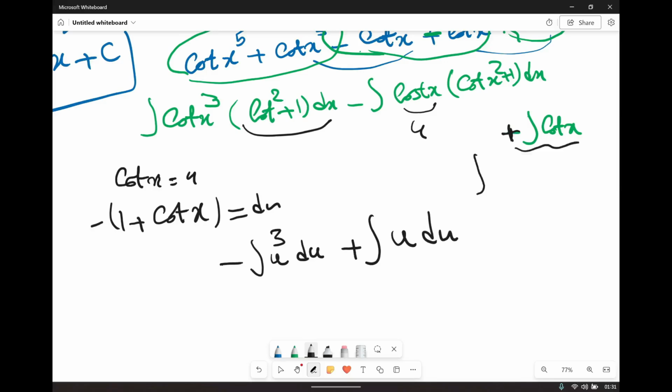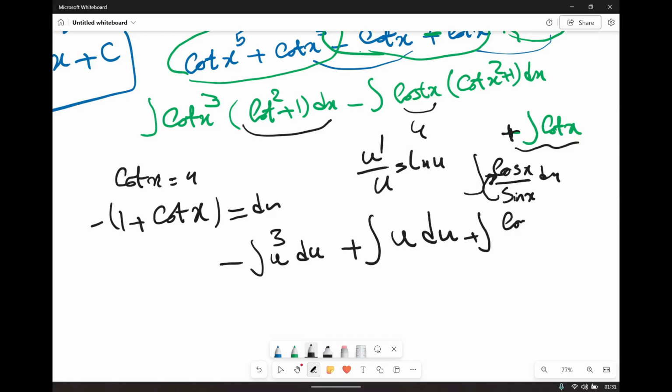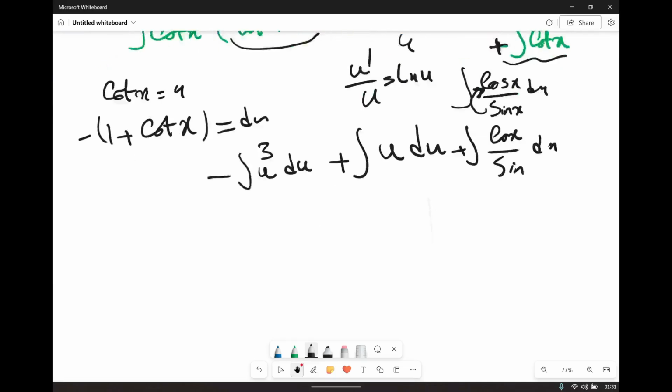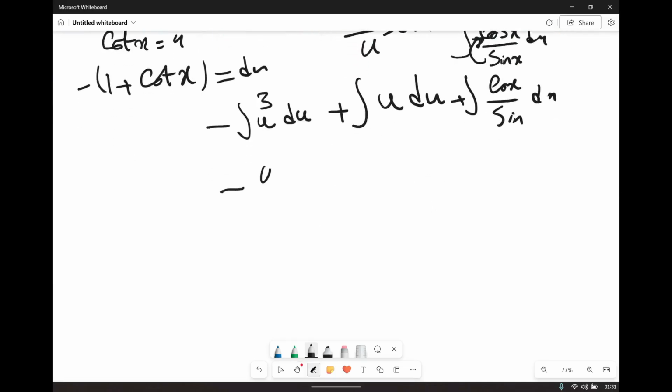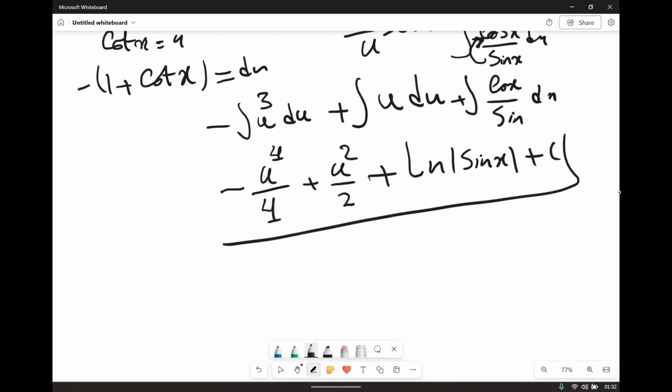We know that cotangent is cosine x divided by sine x dx, and the derivative is in the top, so u prime over u gives ln u, which is the integral of cosine x over sine x dx. Calculating this gives minus u power 4 over 4 plus u power 2 over 2 plus ln sine x plus c. Am I right? Yes, it's a little lengthy, and you must compute to reach the end. But at the end, you must substitute u back as the cotangent.